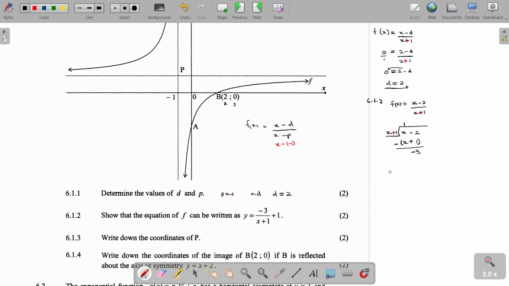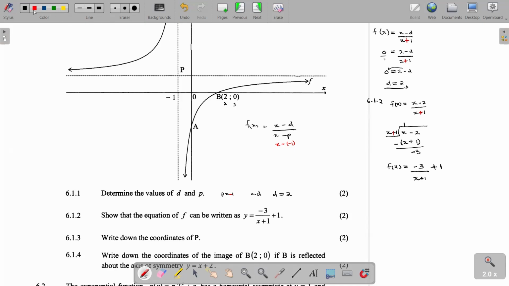So it therefore means our f(x) is equal to this remainder -3 divided by x plus 1, plus 1.